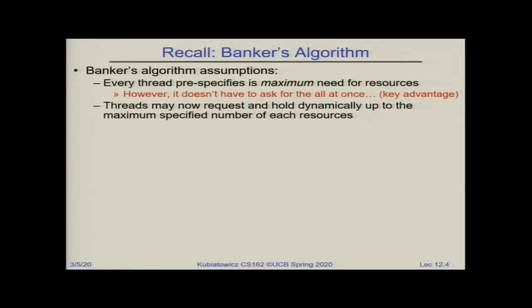It doesn't have to ask for them all at once. One option we talked about is everybody asks for everything at once and you don't get any deadlock cycles because you either get everything or you don't. This is a little more dynamic. It says, I'll declare what the maximum is, and now I can request and release and request and release as long as I'm never requesting more than I told up front is the max. Those are our assumptions.